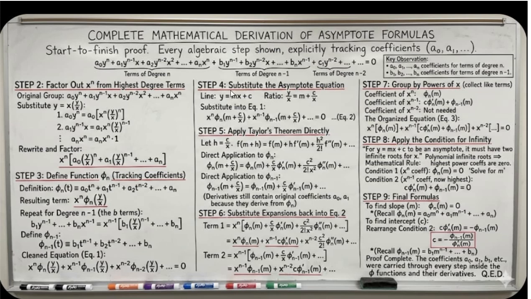Here what we can do, just y is equal to mx plus c, substitute in that equation. Whatever this equation for y by x, if you put y is equal to mx plus c, this becomes phi n of m plus c by x, and this becomes phi n minus 1 of m plus c by x, like that it becomes. Now we can apply the theorem. You know that phi of m plus h is equal to phi of m plus h into f dash of m plus h square into f double dash of m by 2 factorial.